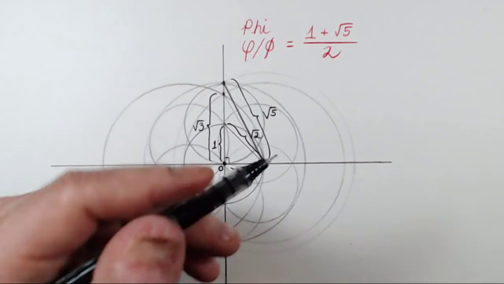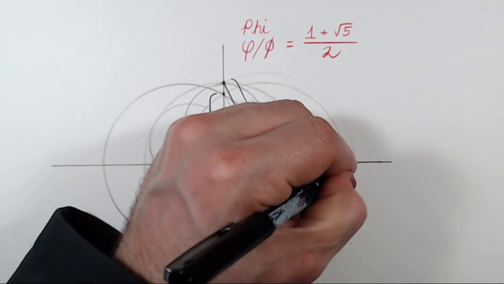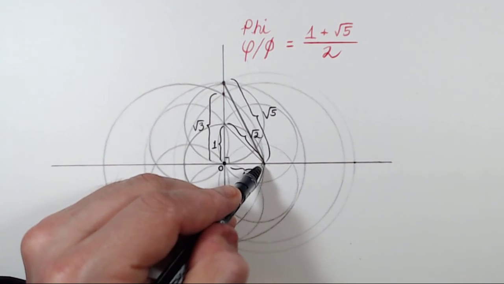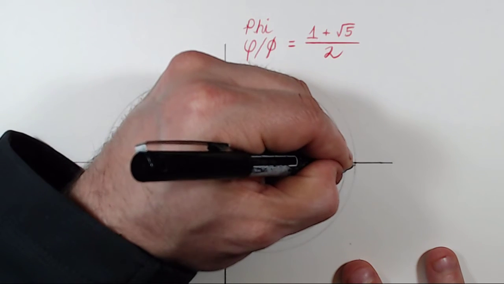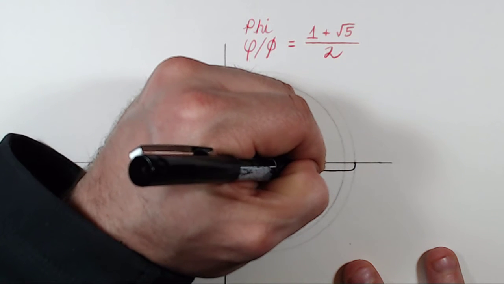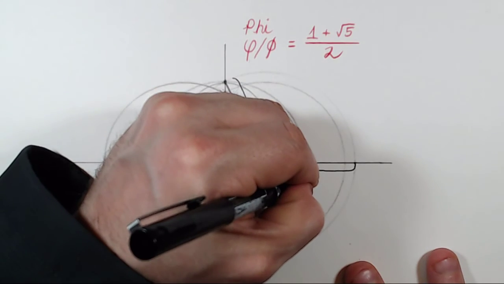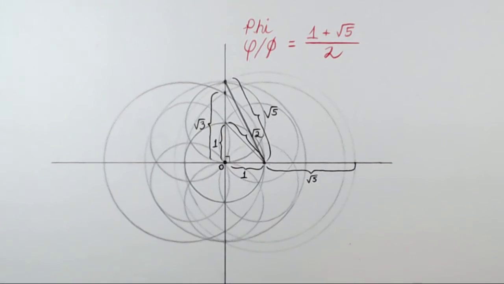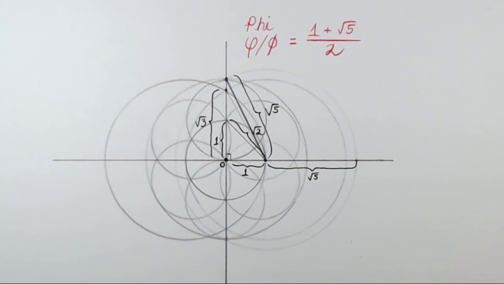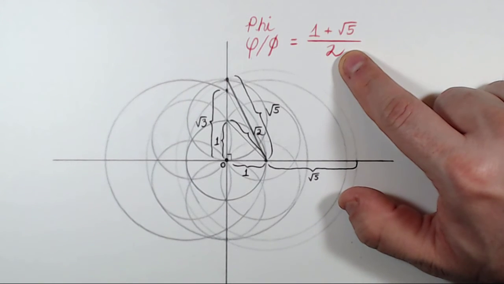So here's what I'll show. This point right here to this point right here is square root 5. Right, this is the square root of 5. So it says here that phi is equal to 1 plus the square root of 5 over 2.